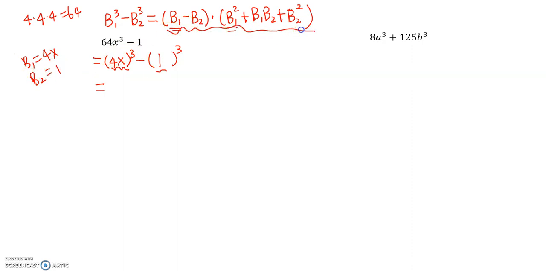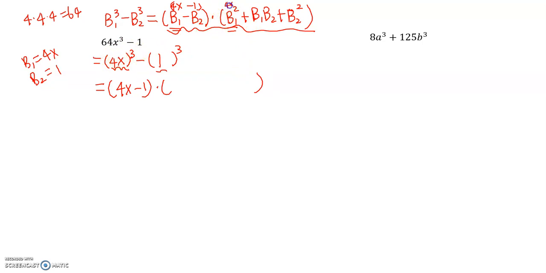So in the formula, we're going to replace all the b1s with 4x. So let's look at the first parenthesis. We subtract the two bases, 4x minus 1. So b1 is 4x, b2 is 1. And now do the other factor, b1 squared, which is 4x squared.